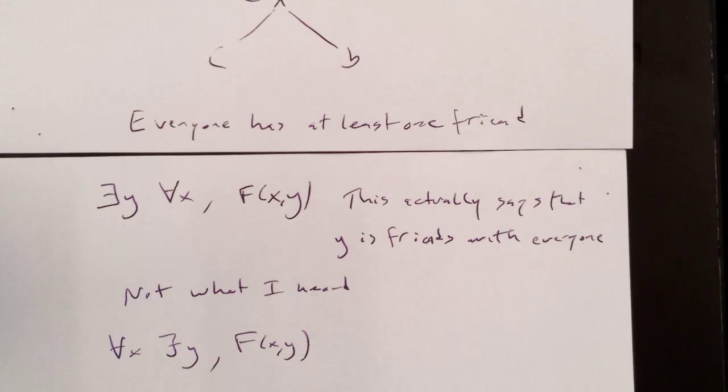I should be a little more careful here, because it is possible that the person who is your friend is you. Maybe you're your only friend. I don't think of many of you as that misanthropic and hating all other people, but how could I addend this to make sure it's someone that isn't you?